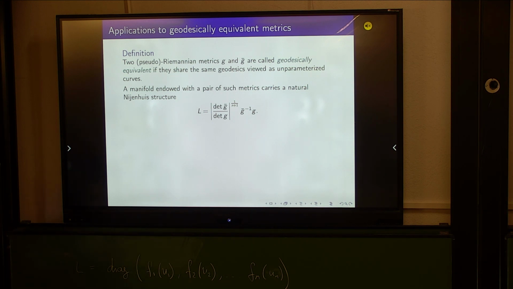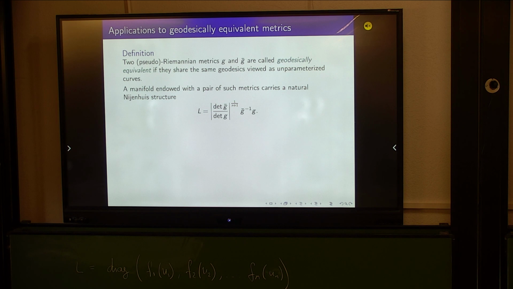But there should be some factor here, and this factor is important in order for L to be Nijenhuis. So this formula defines a Nijenhuis operator, and that was discovered by Sinyukov, the mathematician from Ukraine, from Odessa.